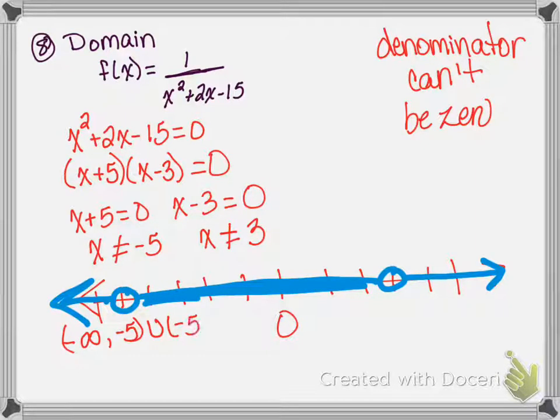So then I have negative 5 to 3. Then I have another union sign, and I have 3 to infinity. So you have to make sure that you cover all the sections of the number line, including that middle part. Because a lot of people will do negative infinity to negative 5 and 3 to infinity, and they'll forget about that middle part. Okay?